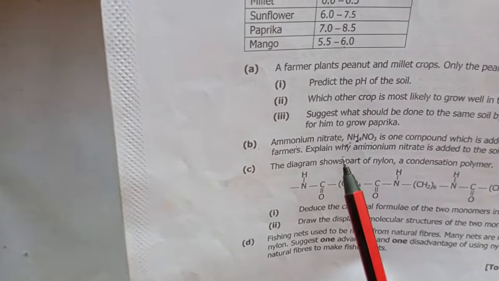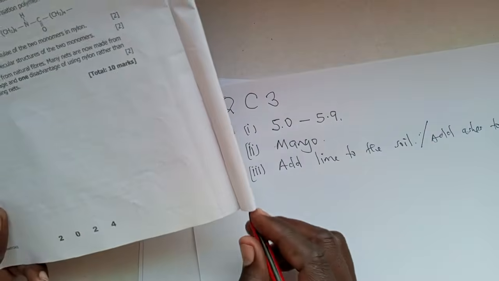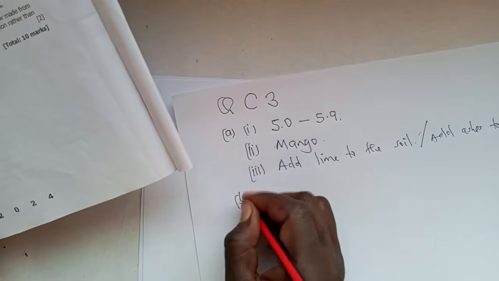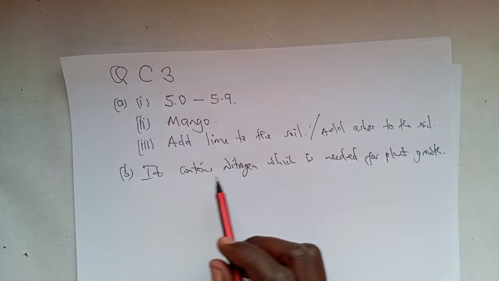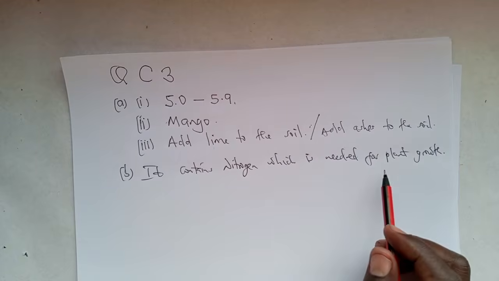Nitrogen is one of the elements which is vitally important for a plant to grow. So for question B, we'll say it contains nitrogen, which is needed for plant growth. That is the answer. We move on to the next question.